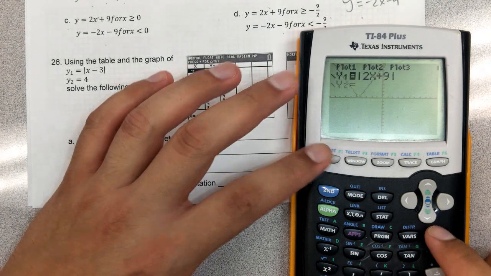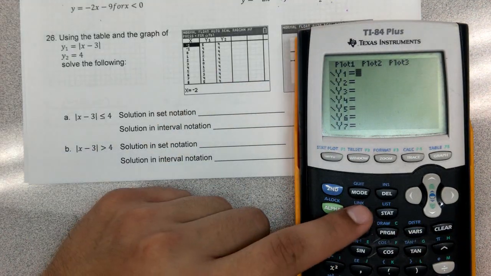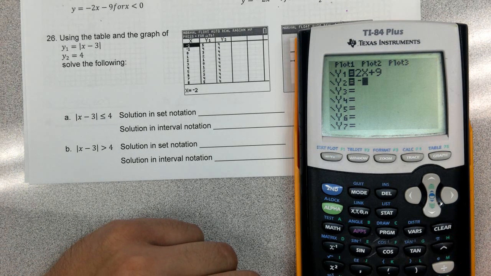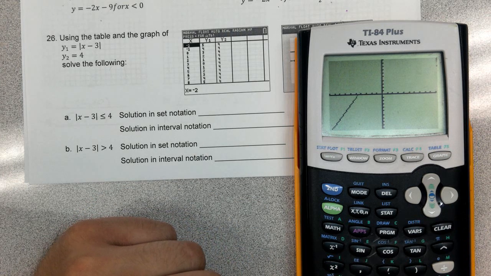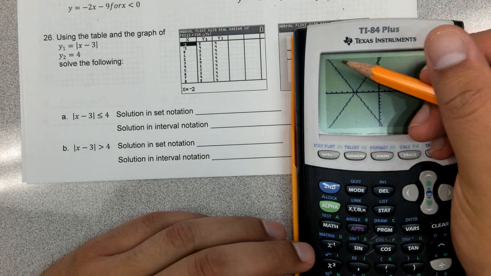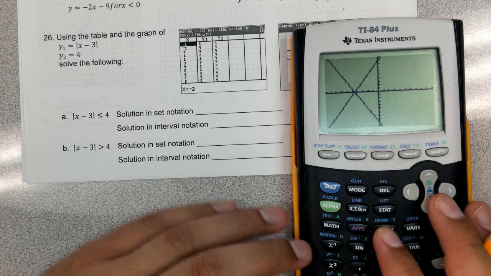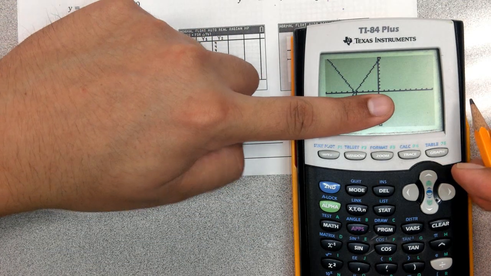Also, if we were to graph our two situations separately, our two cases, here we have 2x plus 9 without an absolute value. Then our second case is negative 2x minus 9. Those two lines make our absolute value function. It's just that we don't have this bottom part when we apply the absolute value.